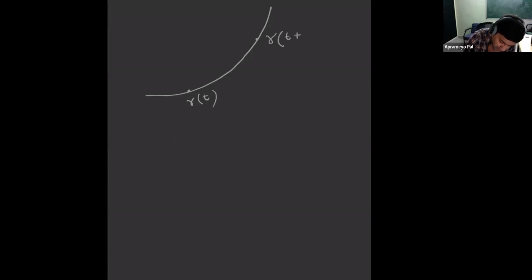So let me also consider gamma t plus delta t. Essentially what I am considering here, and n is the unit vector which is perpendicular to the tangent vector. So this we have already seen. I want to now consider the deviation, like how much the curve essentially moves from here to here away from its tangent line at gamma t.